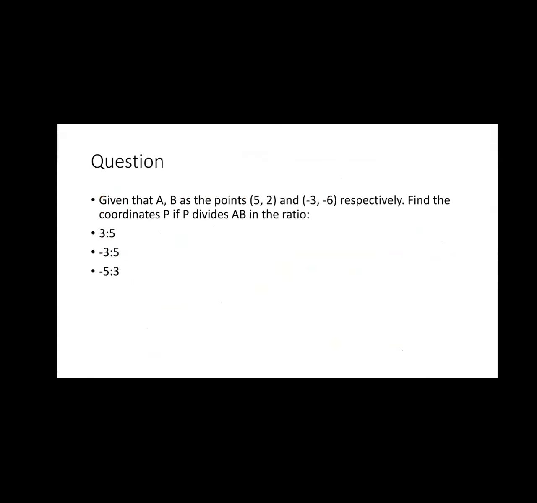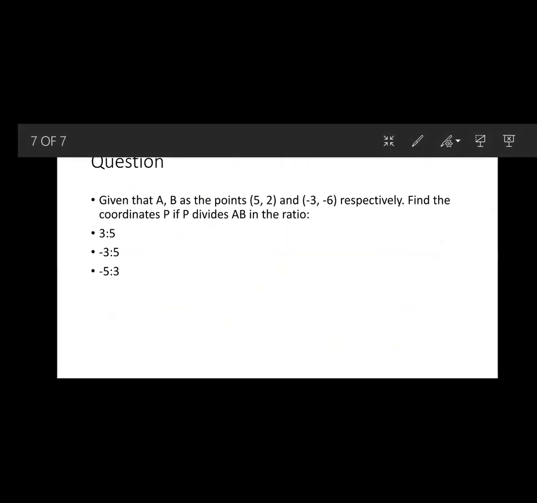So I have this question. Before I treat that question, from what we have said now, you can say that the coordinates P(x, y) of a point that is dividing in the ratio m to n, the formula will be equals to what? mx2 plus nx1 over m plus n.